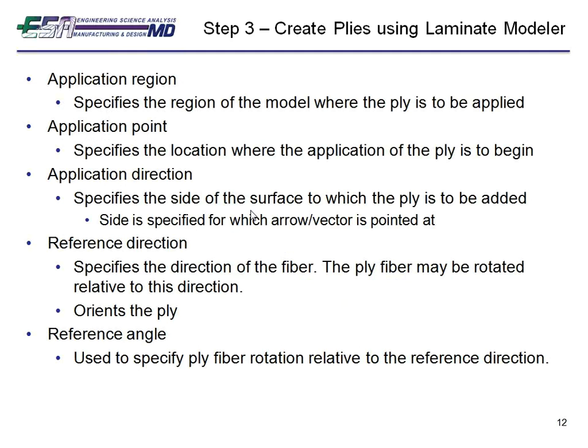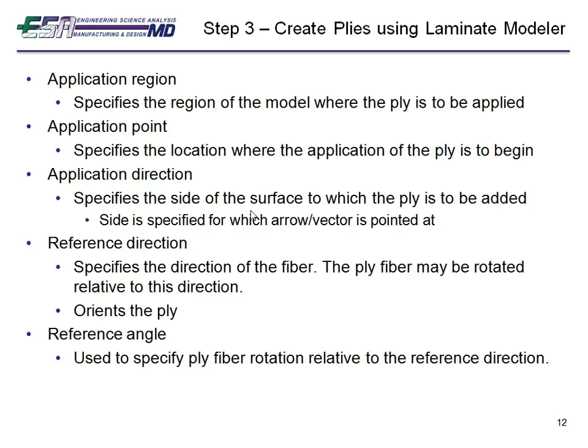So nomenclature that should be defined first before we actually create the plies. First is application region. Application region specifies the region of the model where the ply is to be applied. Application point specifies the location where the application of the ply is to begin. Application direction specifies the side of the surface to which the ply is added.